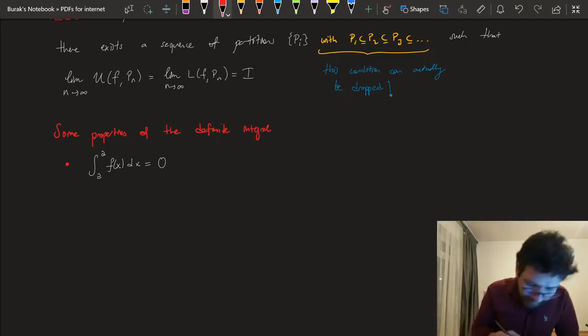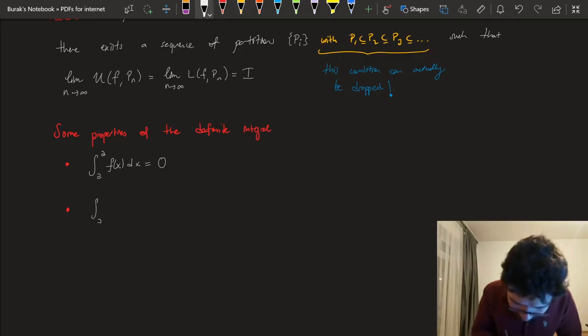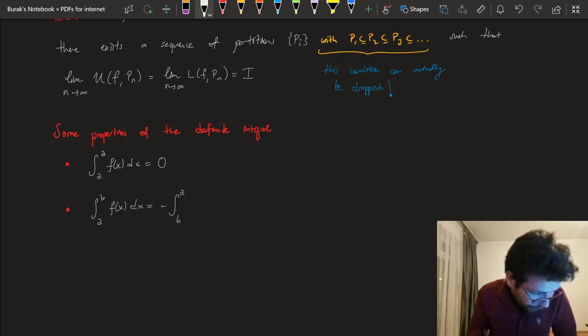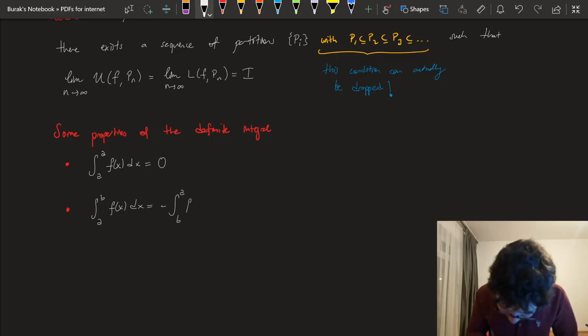And the other properties, now this is going to look odd, I have to explain this. You can actually object to this when you see it for the first time. Okay.